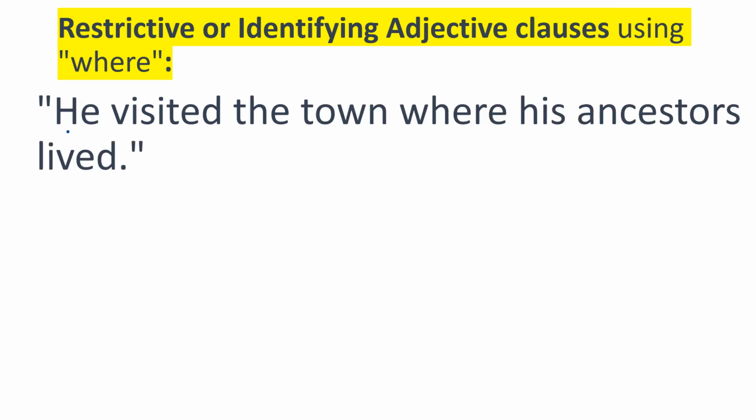Now find the adjective clause and the noun it's referring to in this sentence. He visited the town where his ancestors lived. Also turn it into a non-restrictive or non-identifying adjective clause. And I will show you the answers in a moment.